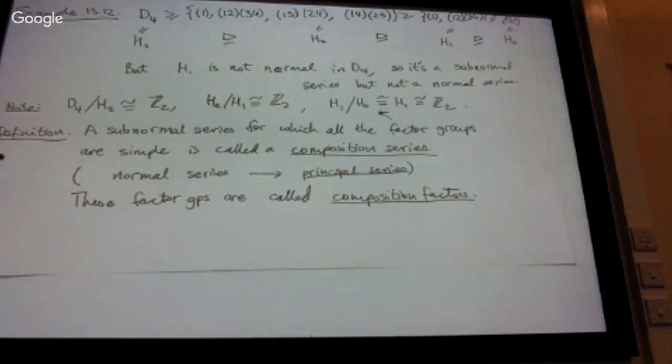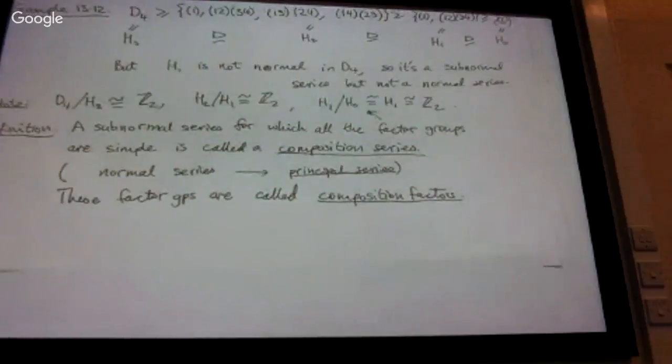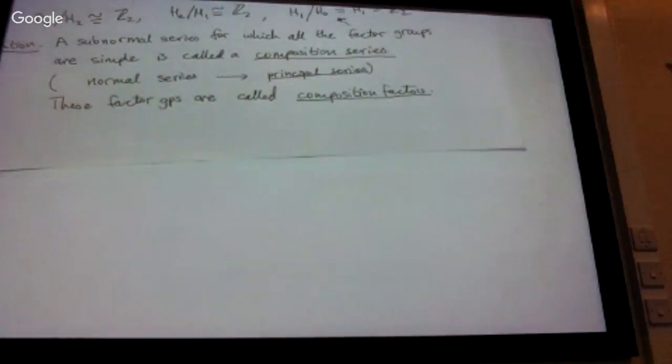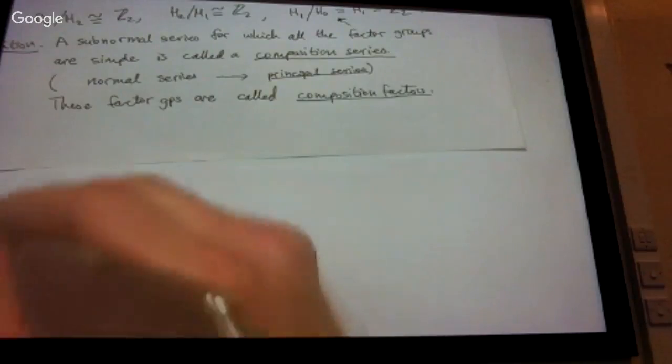So this is an example. All the Z2s are simple, since Z2 is simple. So all the consecutive factor groups are simple. So it's a composition series. More examples. Another example is 13, 16. What's 13, 14, and 15? I've skipped it.